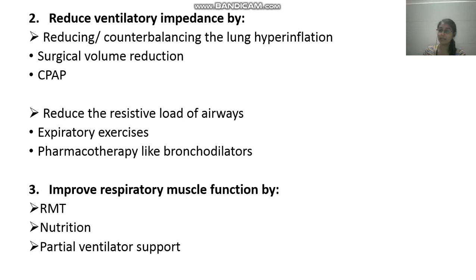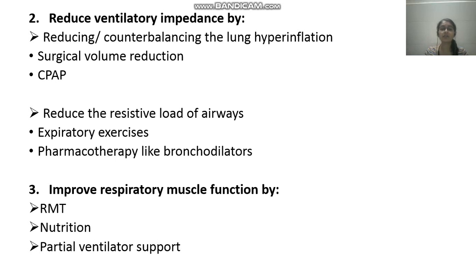There we have to step in and train the respiratory muscles. So there is respiratory muscle training, and nutrition, obviously proper protein-rich nutrition will help in maintaining the skeletal muscle consistency and improve the strength of the muscles.